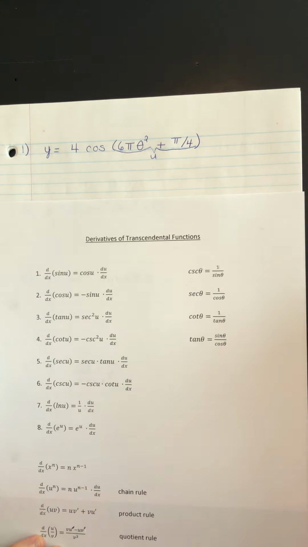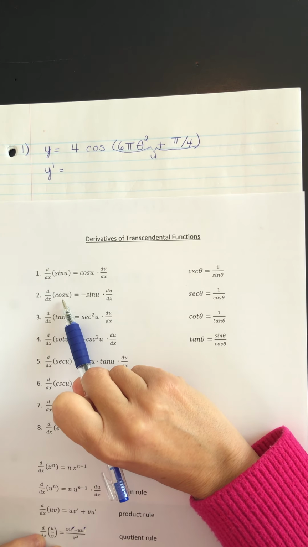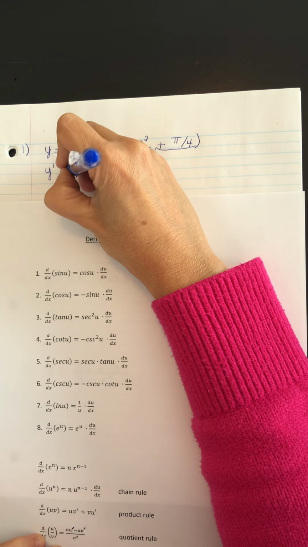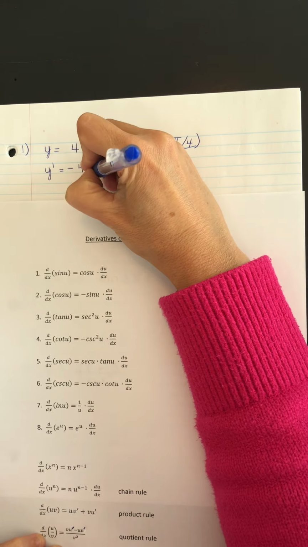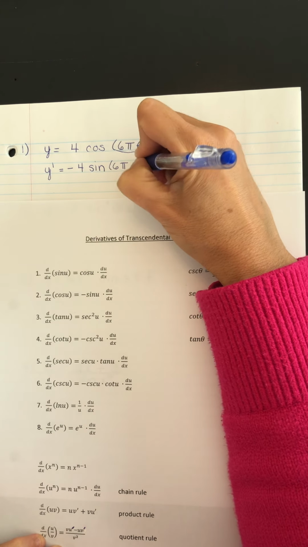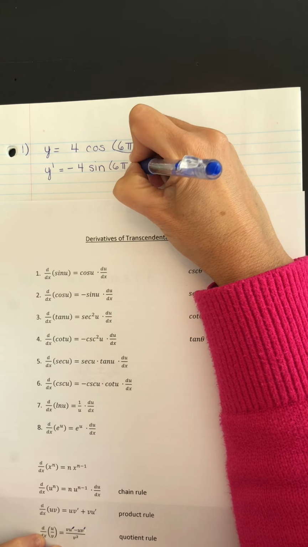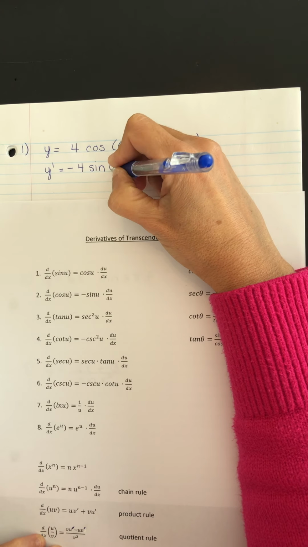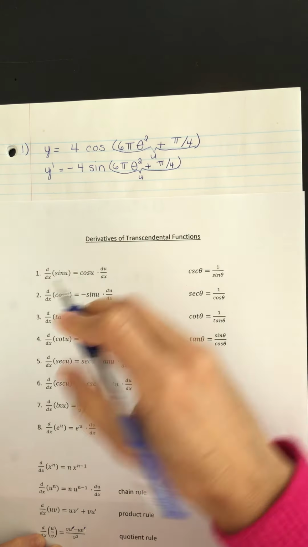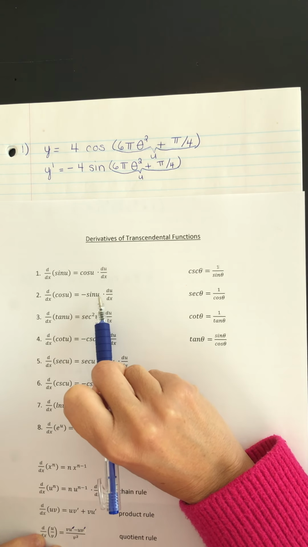So we're going to begin to form y prime. The first thing we do is note that the derivative of cos u is negative sine u. So we're going to have negative 4 times the sine of, now we keep this angle exactly the same. So that is our little u still. So we've done this part, negative sine u.